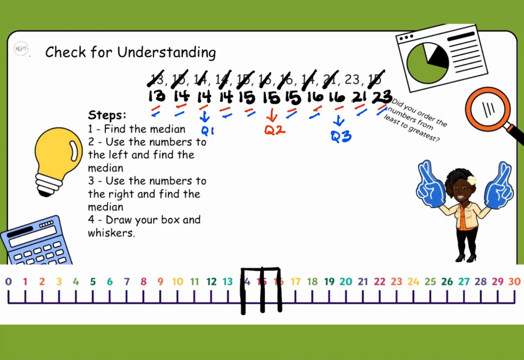We have a very narrow box here. Now from there, we want to go down and show our extremes. So we're going to show the lower extreme, which is 13. We are going to show our upper extreme, which is 23. That is how a box and whisker plot would look with this set of data.